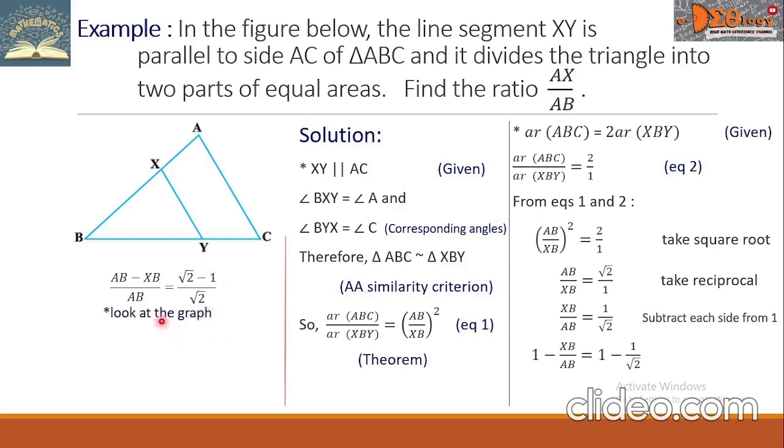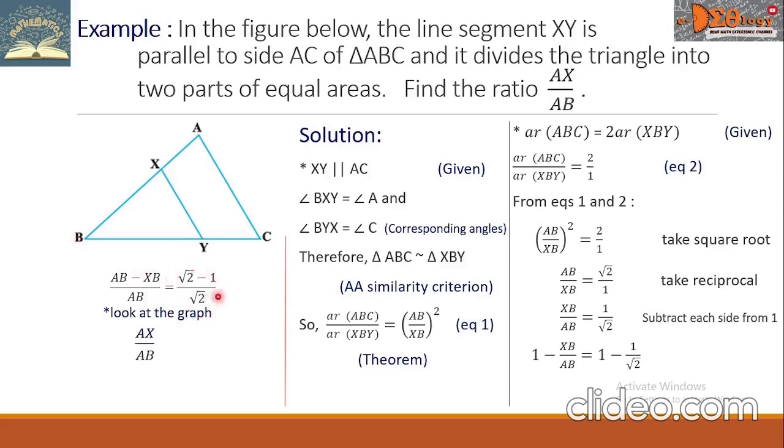Now let us look at the graph. In the numerator, it says AB minus XB. We can see that the value is AX. So we change the numerator to AX over the denominator, same AB.